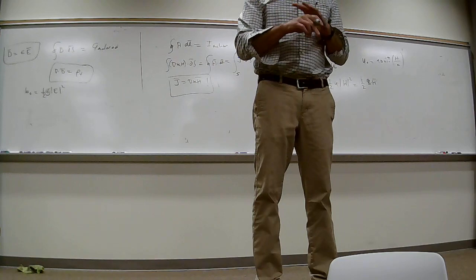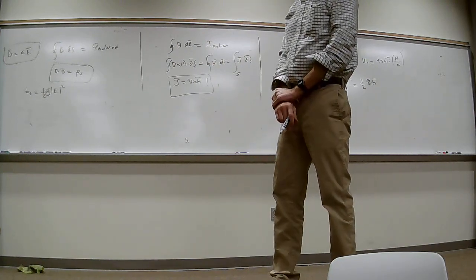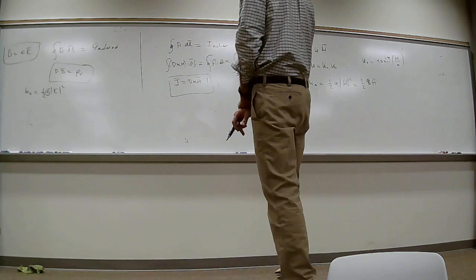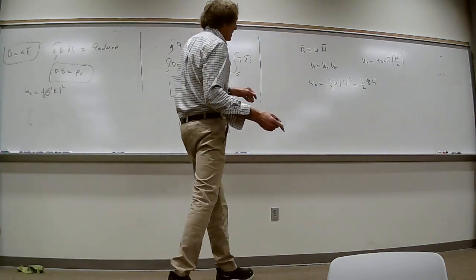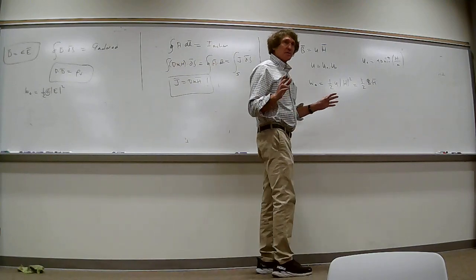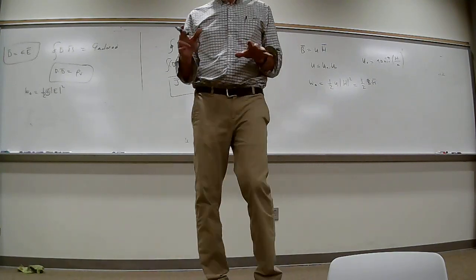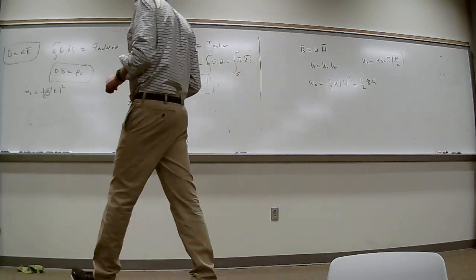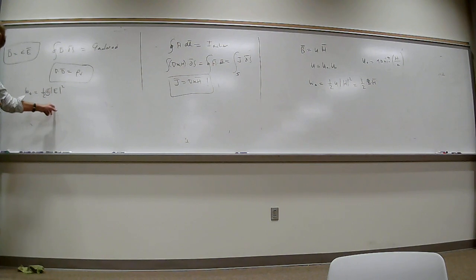Is there a reason it's 1/2 epsilon E squared on that side and mu H squared on that side? Well, they're parallel. Both of them are in joules per meter cubed when you do the math. E is volts per meter, so volts squared over meter squared.